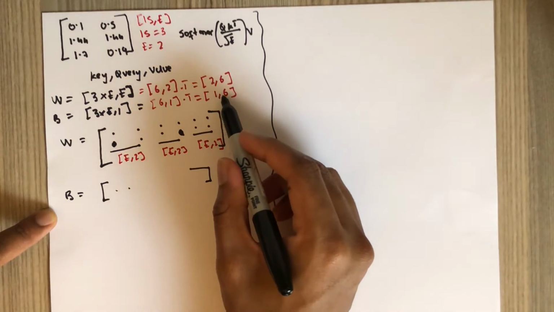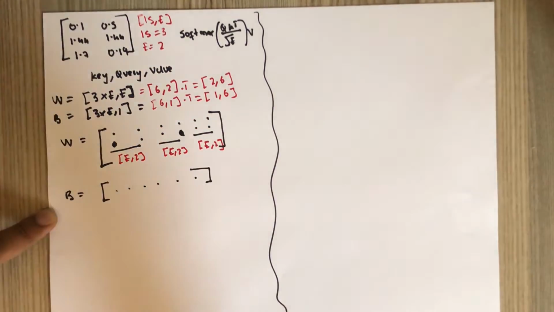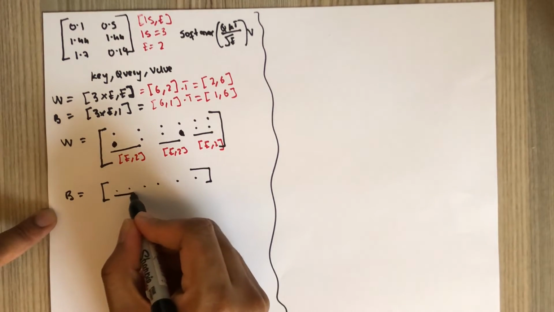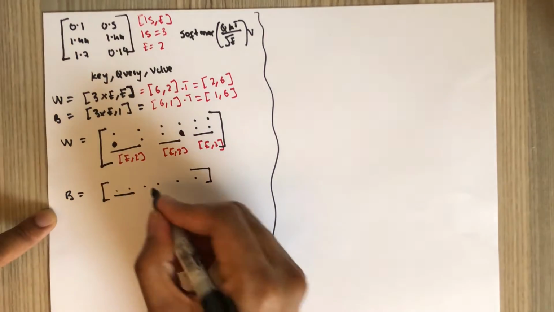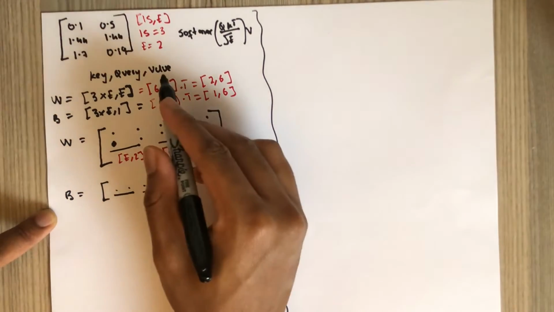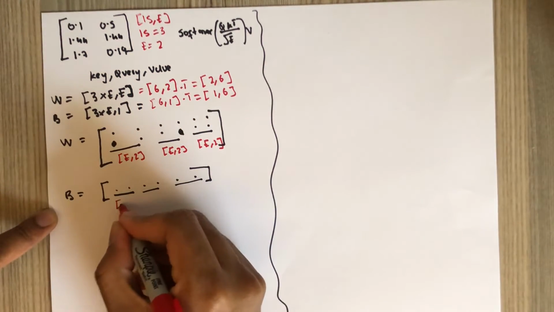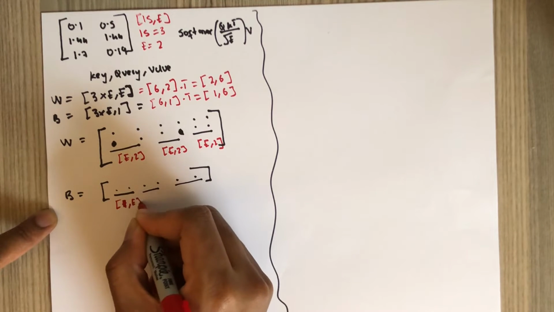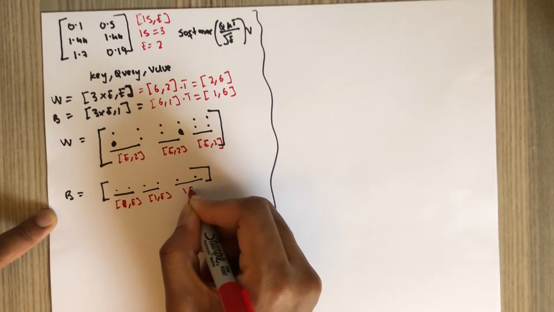It has a dimension of 1 by 6, and this part of the bias is the bias of the key to compute the new key. This is the bias to compute the new query. This is the bias to compute the new value. And all have a dimension of 1 by E.